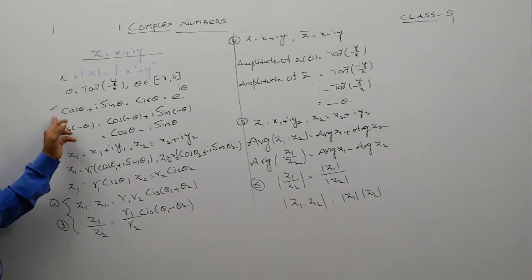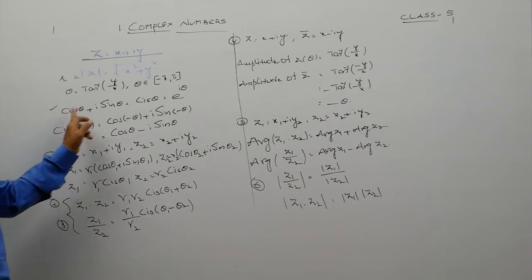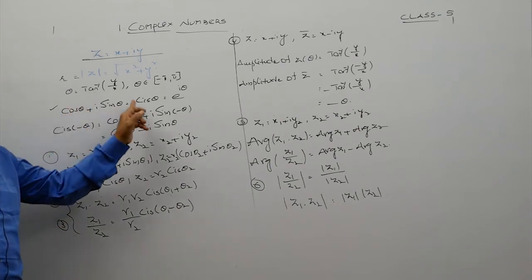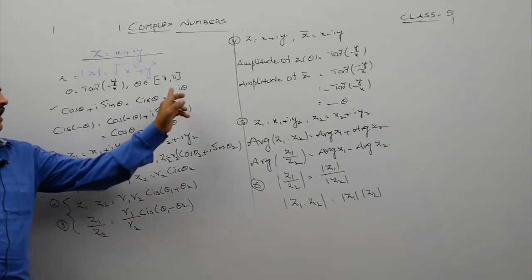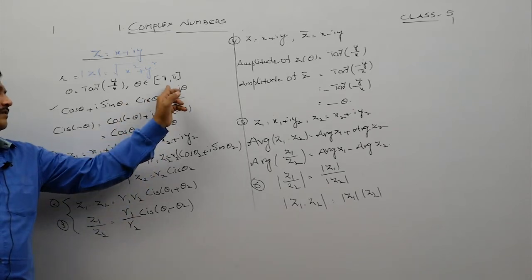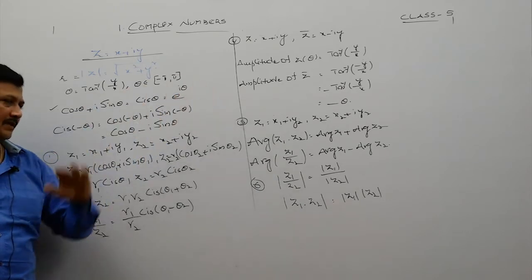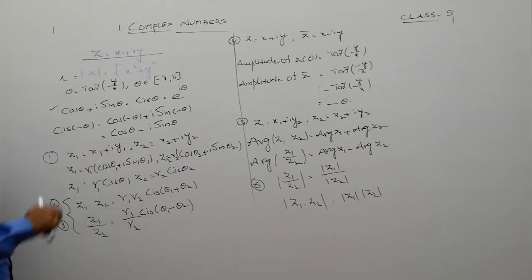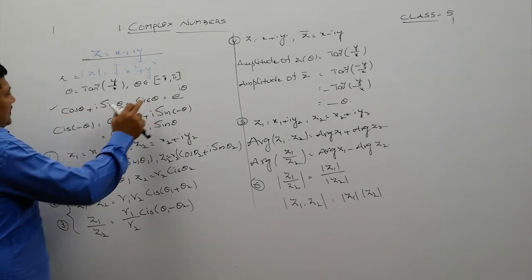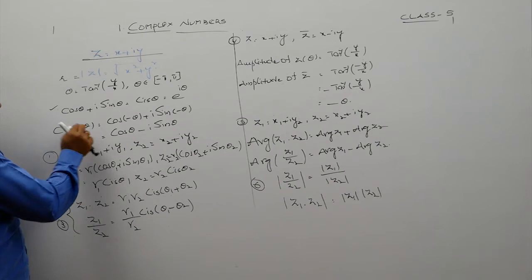And here most importantly cos theta plus i sin theta is simply written as cis theta. So cos theta plus i sin theta is equal to e power i theta, which is called Euler's formula.